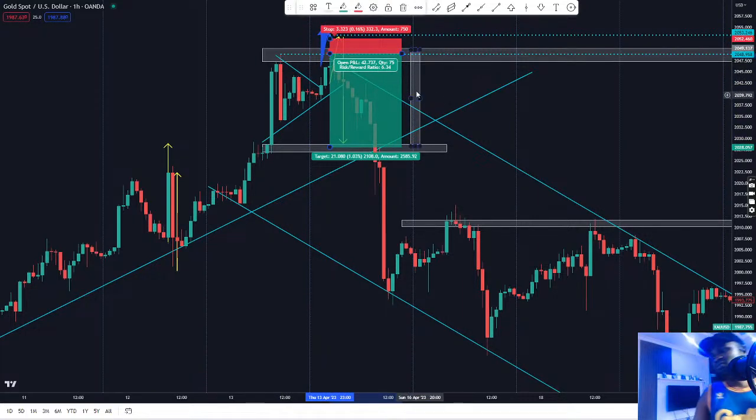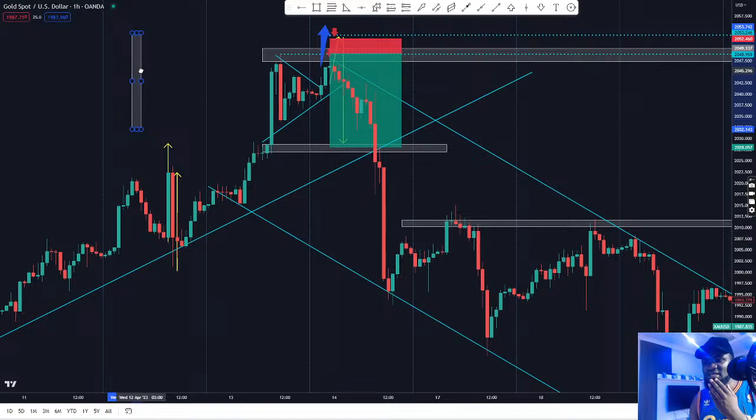Alright guys, so you see this is the market manipulation which I'm speaking about. And when I take this, as you see, we have this structure here, the center of this structure.